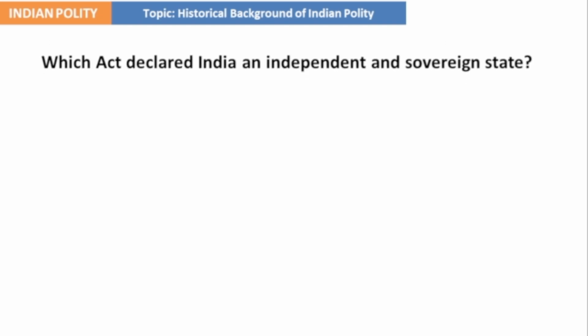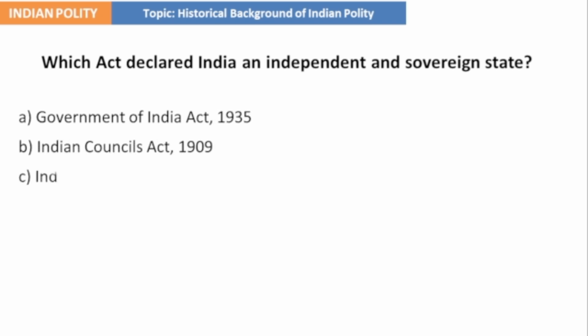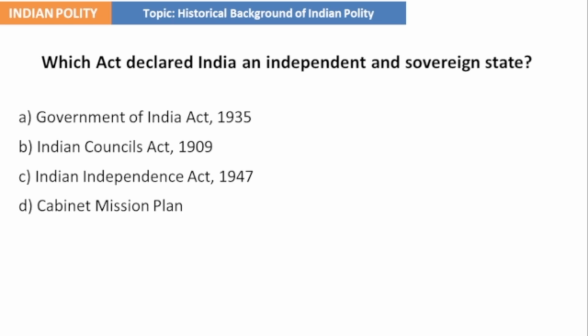Which act declared India an independent and sovereign state? Right answer is option C, Indian Independence Act 1947.